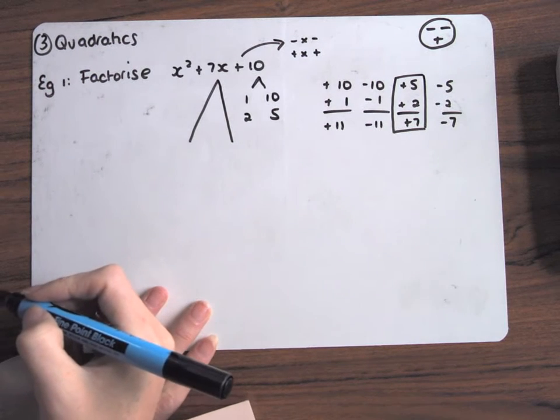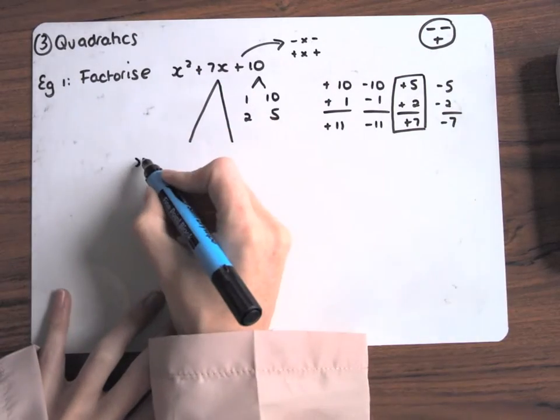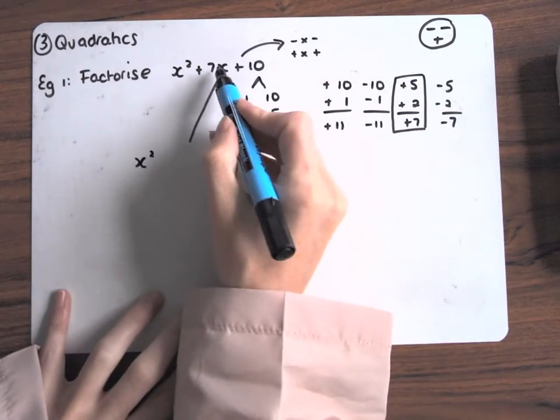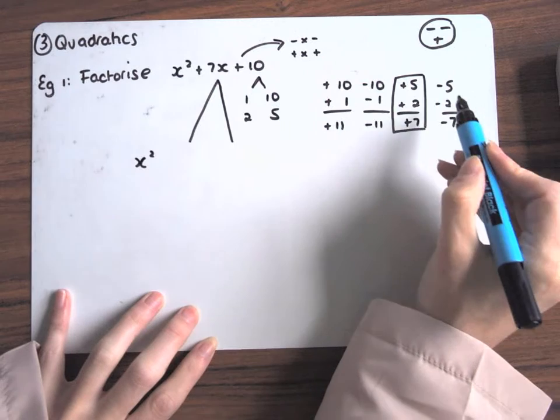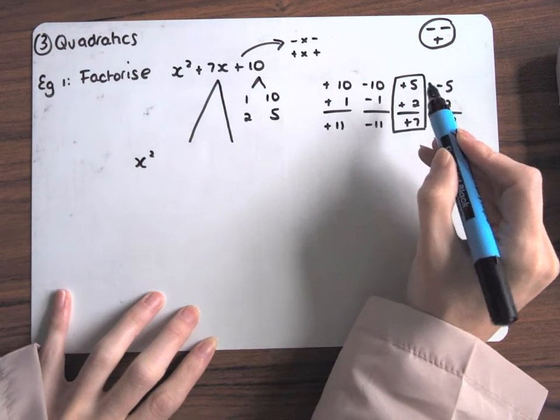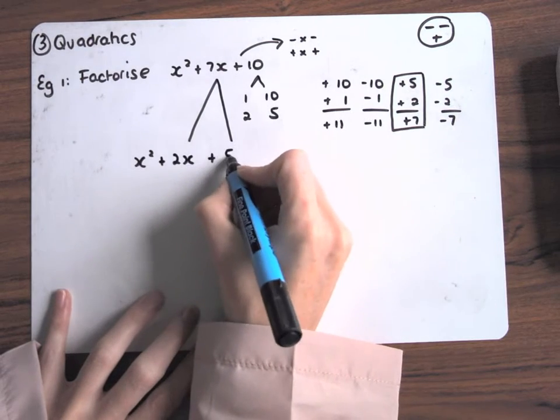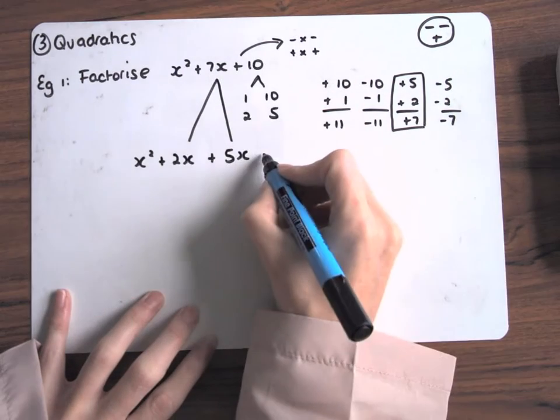So we're taking this down now. What happens is, I write down x squared, and instead of the 7x, I'm now putting in these 2 and I stick an x with them: plus 2x plus 5x plus 10.